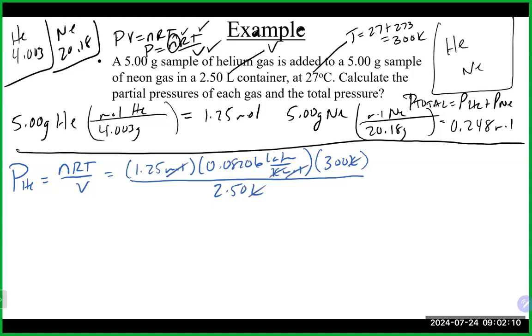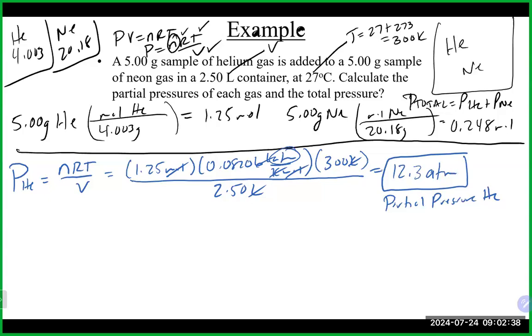Kelvin will cancel. Liters will cancel. It's going to leave us atmospheres, which is good since that's the pressure. 1.25 times 0.08206 times 300 divided by 2.5. And we're going to go with 12.3 atmospheres. This would be considered the partial pressure of helium in this case.